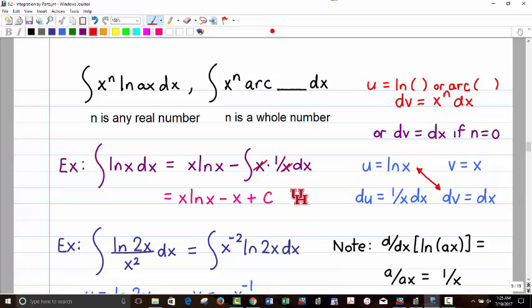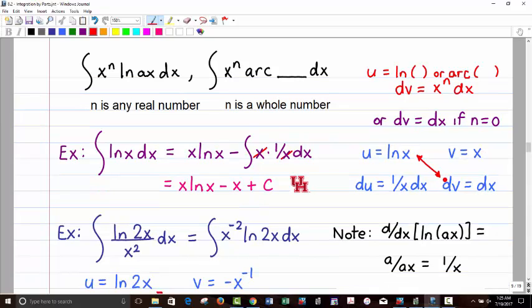Yeah, and here's what I was telling you earlier. The integral of ln of x dx by itself is using parts. So you see I let the u be ln of x, dv is dx. That way the derivative then of ln of x will be 1 over x. The antiderivative of dx would just be x.